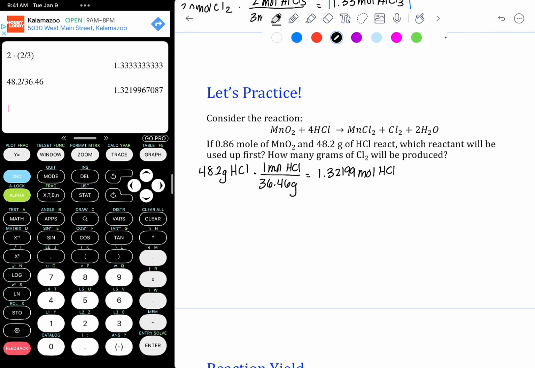The problem also gives us 0.86 moles of our other reactant, MnO2. So now what we want to do is determine the limiting reactant, the reactant that will be used up first, and then we want to find the number of grams of Cl2 that will be produced from that limiting reactant. So we've set up the problem to start off just like our previous examples, so pause your video and complete this problem.